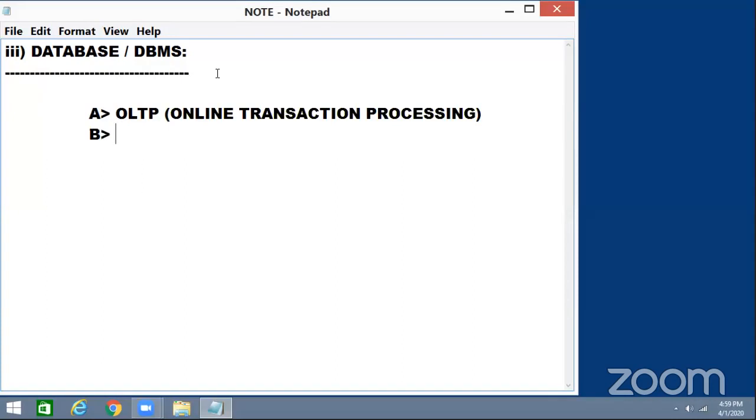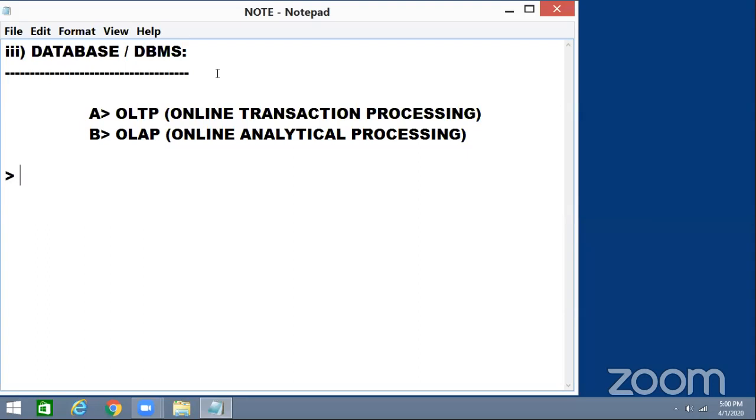Second one, OLAP, which stands for online analytical processing. So databases are of two types: OLTP, online transaction processing, and OLAP, online analytical processing.